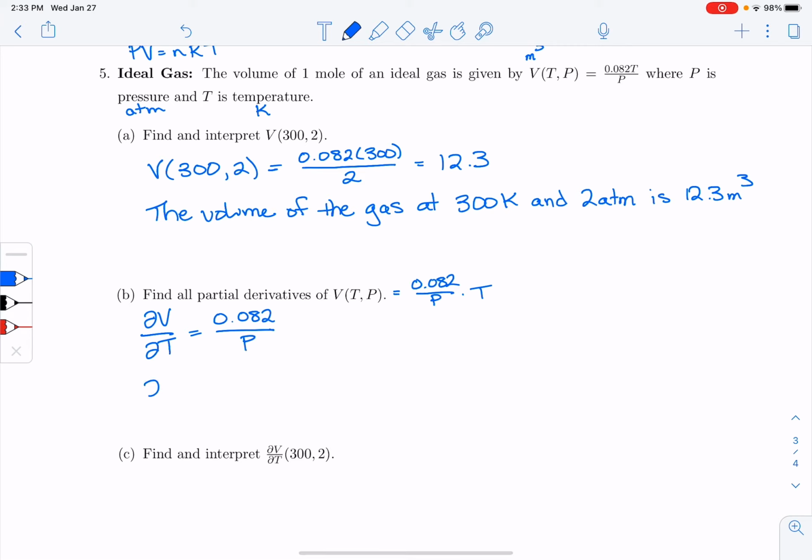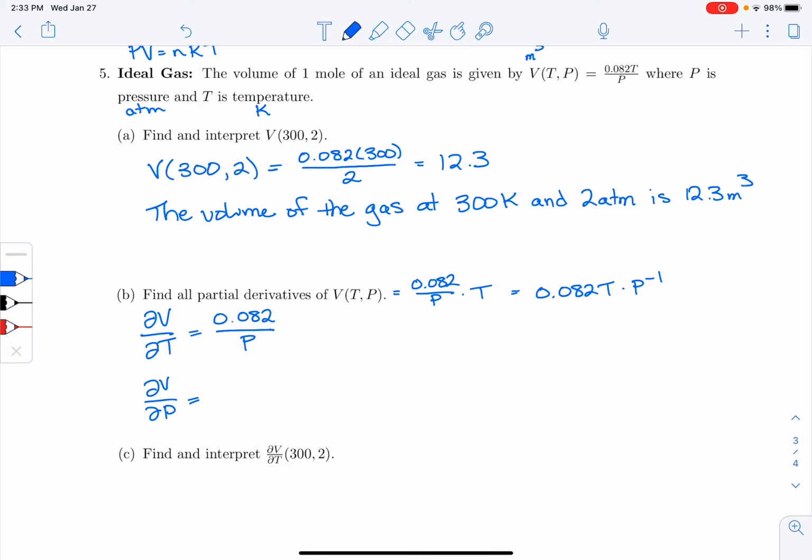Now I want to find the derivative of volume with respect to pressure. So now pressure is going to be the variable. So here the constant is going to be 0.082 times T, and then that's going to be times, I'm going to call it P to the minus 1, so it's easier to take the derivative.